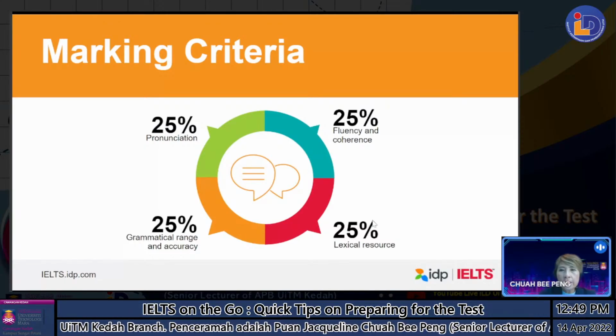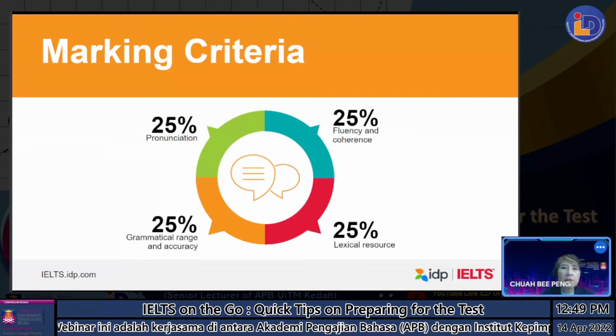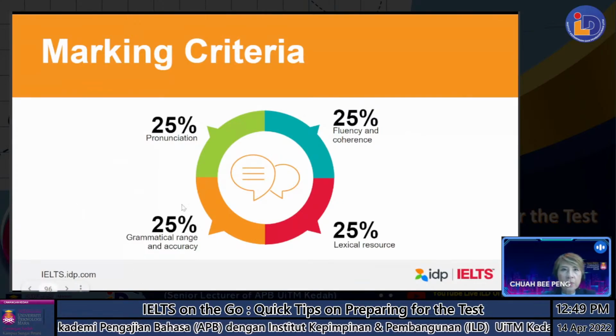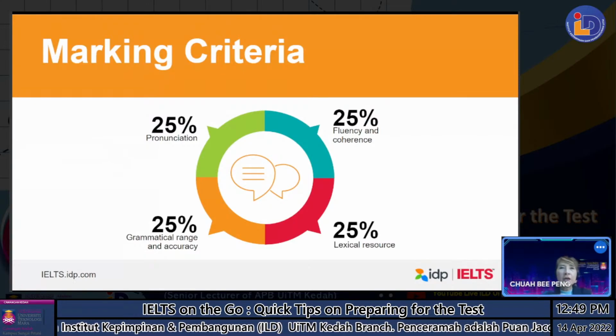And then your lexical resources, that means the words that you use, are they correct? Do you use the same word again and again, or are you able to come up with different words of the same meaning to express yourself? And then your grammatical range and accuracy, whether you use very short, very basic sentences, or complicated sentences, but still correct, or all wrong.